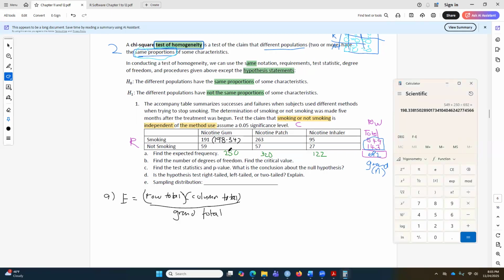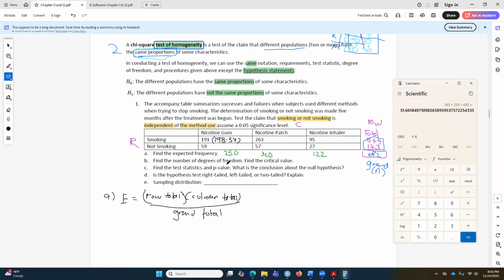And you're going to do this for all 6 of those. So let's do the not smoking. It's up to you which one you do first, but you have to do all 6. Let's do the not smoking first. So for not smoking, the total of those who are not smoking is 143, times those who use the nicotine gum, because we're still in here, 250, divided by the grand total of 692.